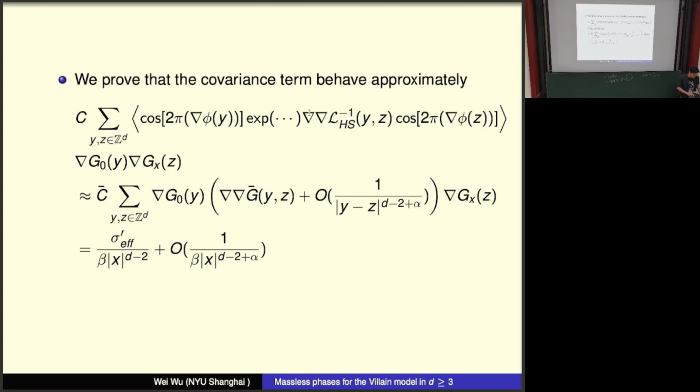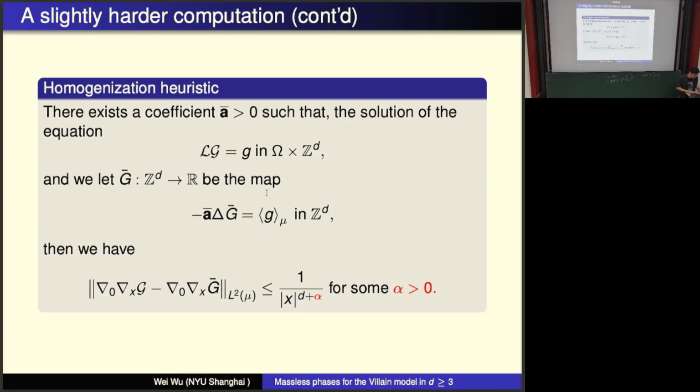We have to show that the second order Green's function asymptotically behaves like a second order standard Green's function. So in fact, this is one of the statements we have proved in our paper, that you have to show that the mixed derivative of the Helffer-Sjöstrand Green's function is approximately equal to the mixed derivative of the standard Green's function, with a control of the error term.